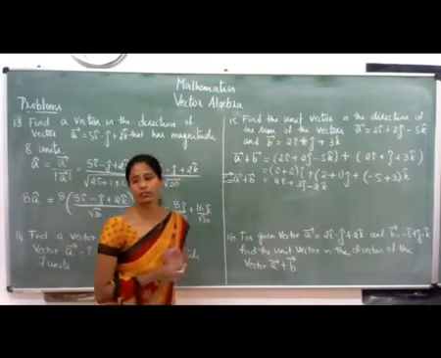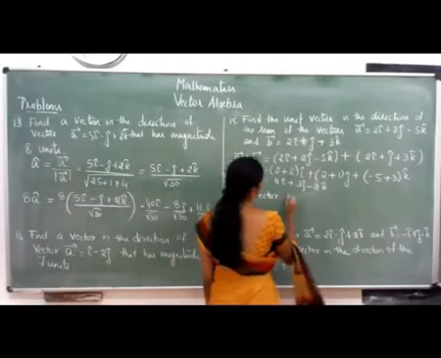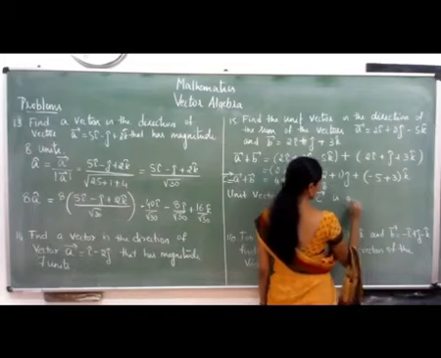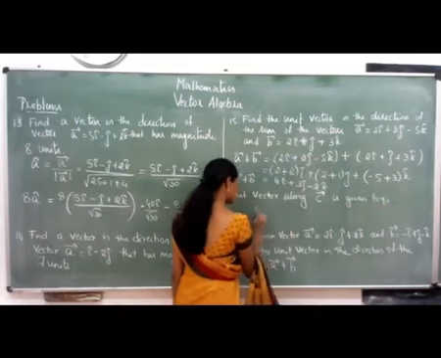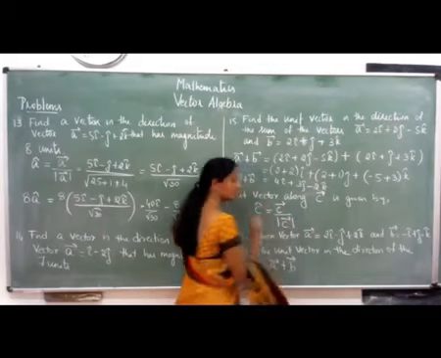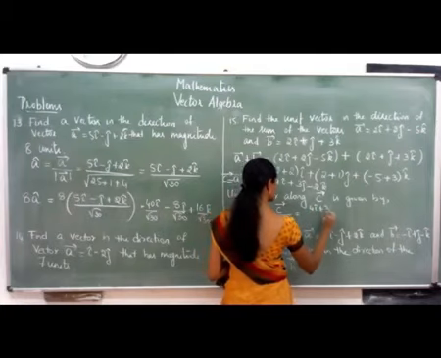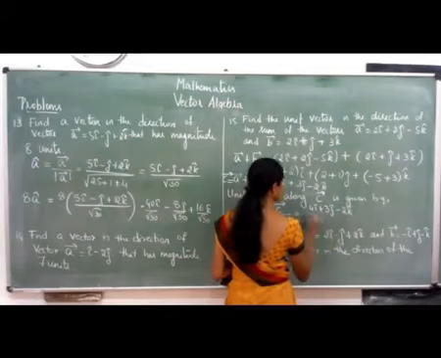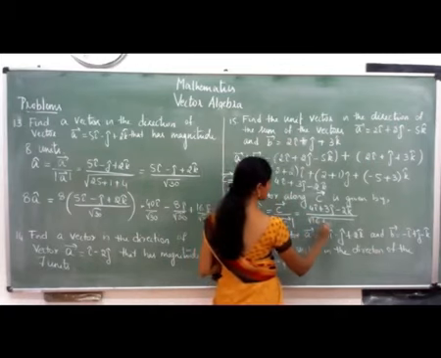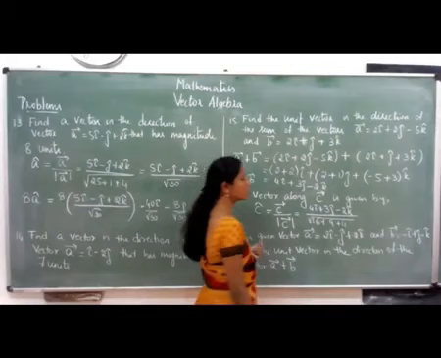So for this vector, we need to find a unit vector. The unit vector along vector C is given by C cap, which is equal to vector C divided by magnitude of vector C. So vector C, which is equal to 4i cap plus 3j cap minus 2k cap, divided by the magnitude of vector C, which is root of 4 square 16, 3 square 9, plus minus 2 whole square which is 4, which is root 29.